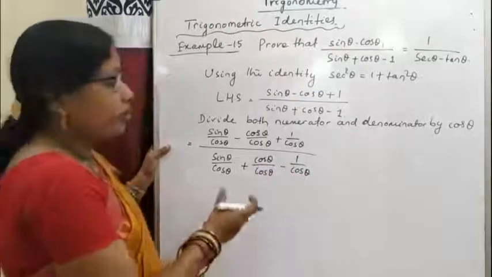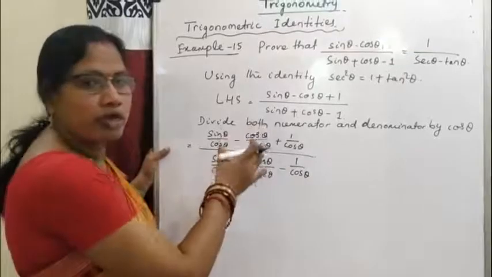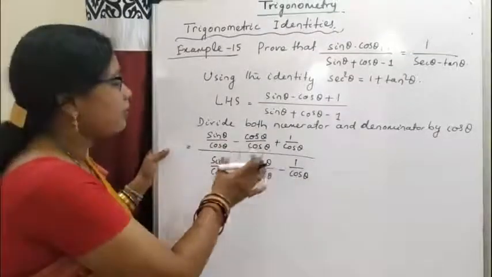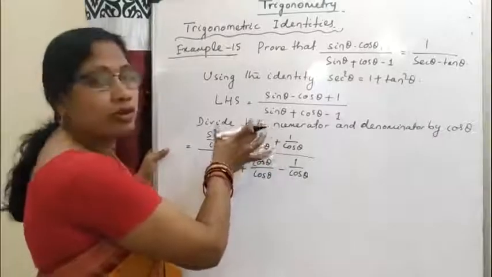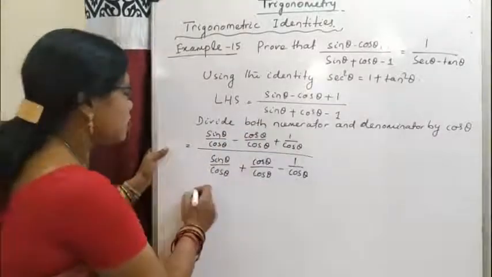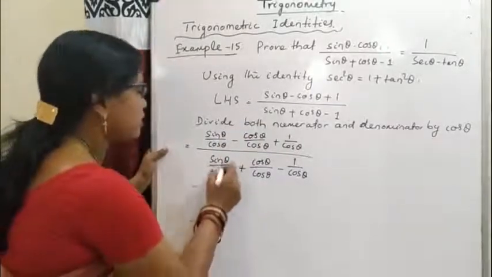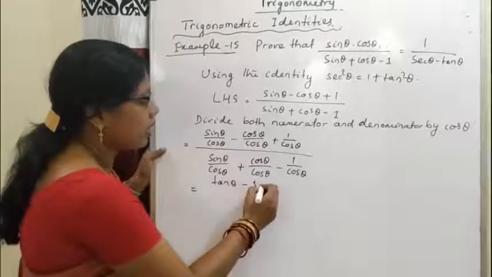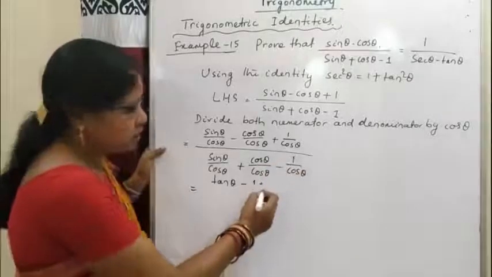If we divide both the numerator and denominator by something, then we have to divide each term. So sin theta by cos theta is tan theta, minus 1, plus 1 by cos theta is sec theta.